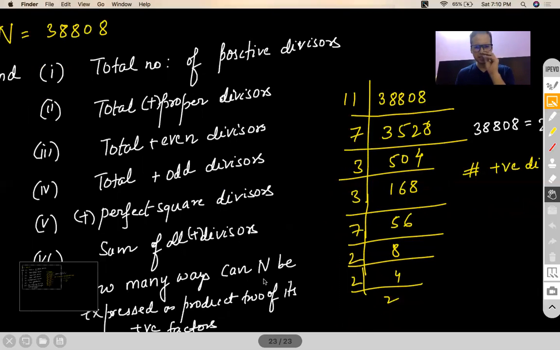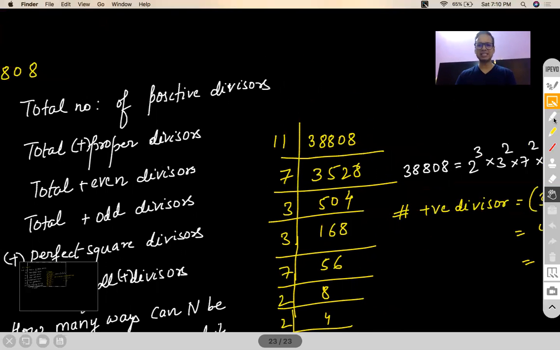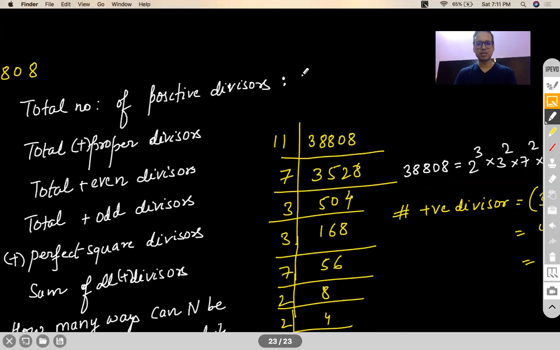Gayatri, why did you get 2 less? Okay. Anyways, that's the answer for the second part probably. Yeah. So total number of divisors is 72. Total number of proper divisors is 70 because you have to subtract the number 1 and 38808 from it. Okay. Is it fine?